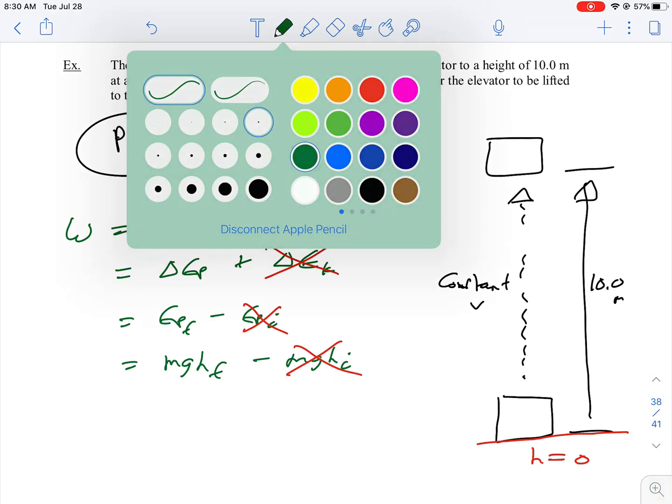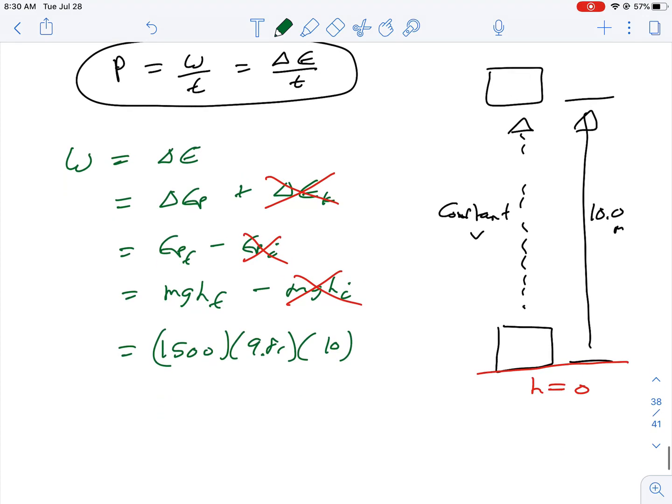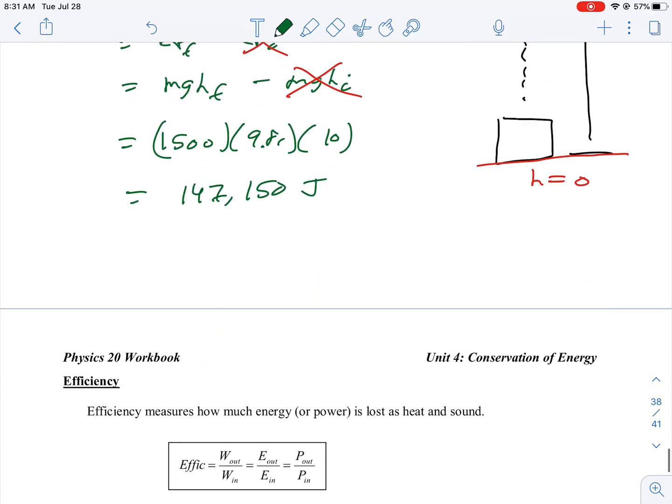So therefore, the work done is simply going to be the mass, which is 1500, times 9.81 times the 10 meters that it goes up to. So let's multiply those out. So we get 147,150 joules of work being done on this elevator.